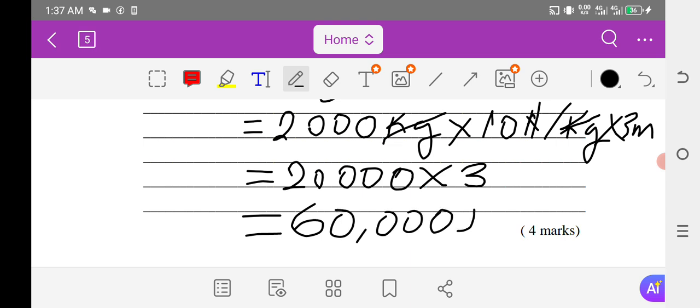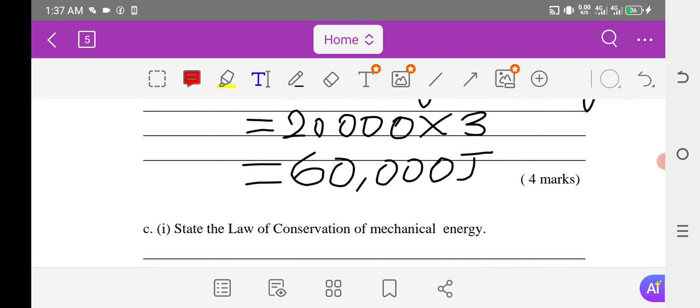That means the work done is 60,000 joules. That's a lot of work done by the crane. But we always like to say that values that are too large must be expressed in standard form, so we have 6 multiplied by 10 to the power 5 joules.